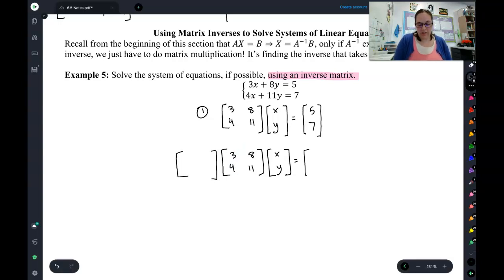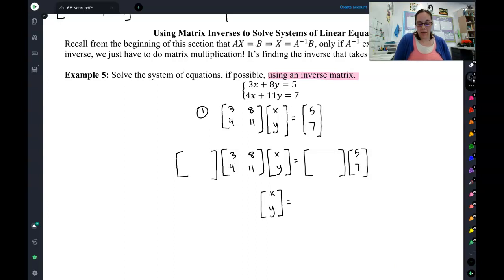Then I can take that same matrix, multiply it on this side by the constant matrix, and then these will cancel and I'll end up with my variable matrix, and I just do some matrix multiplication over here, and that will actually be our answers. We're solved. We're done. So the only tricky part is actually finding what this inverse matrix is.